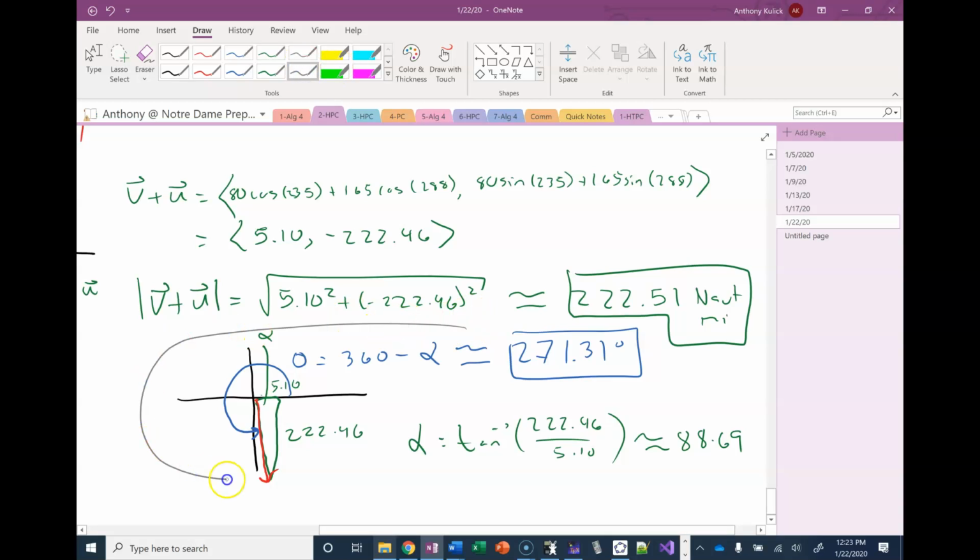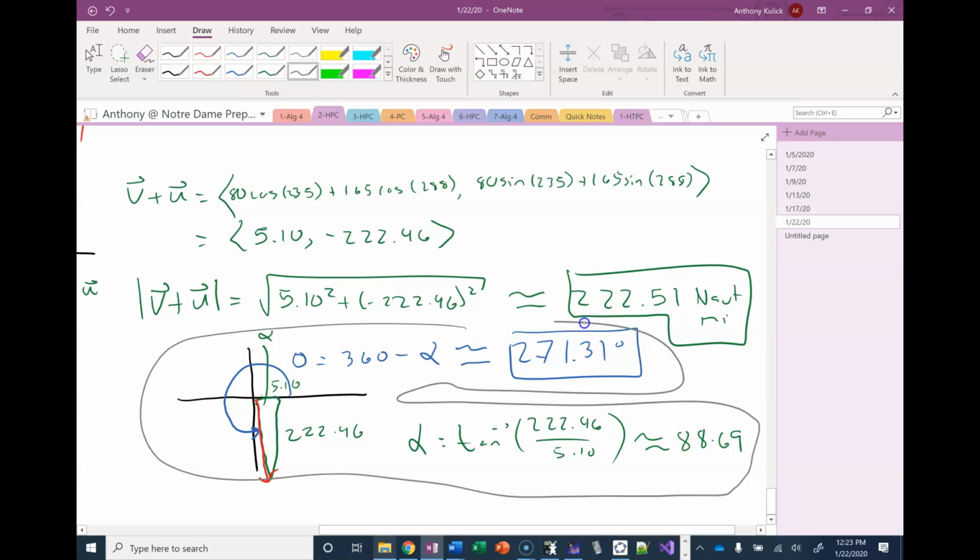That's this work here. I plotted the point, found that angle alpha, and then did 360 minus alpha. Now, actually, I don't think I wanted this as a direction. I wanted a bearing, right? So this isn't quite the answer I wanted.